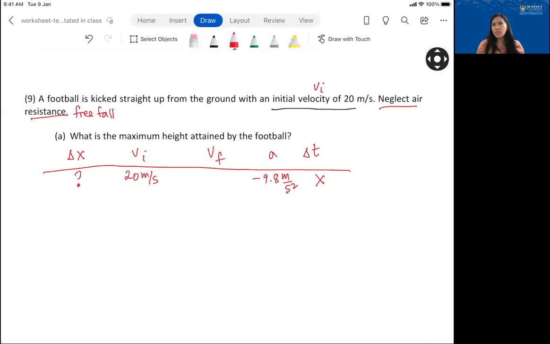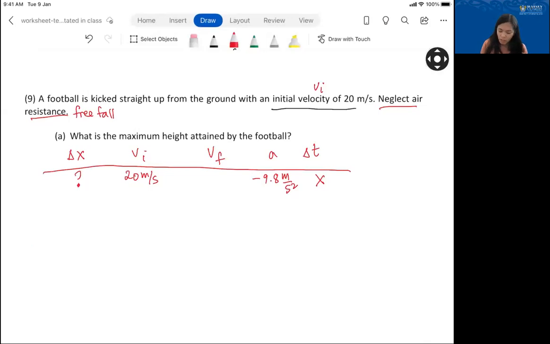Or at least can we deduce from the problem what VF we should use to solve for delta x? Any idea what VF should be? Yeah, conceptually it should be 0.